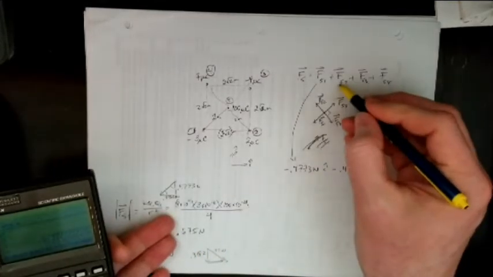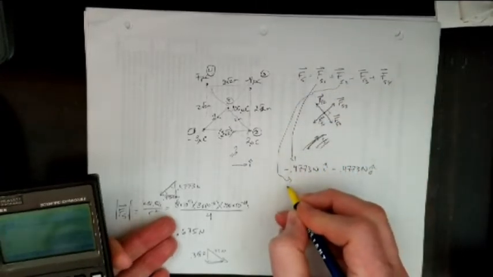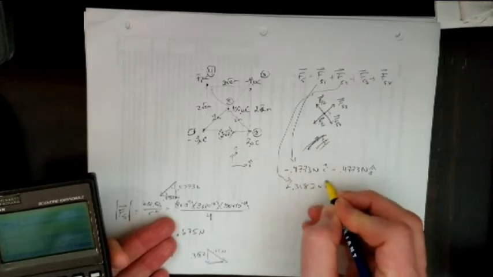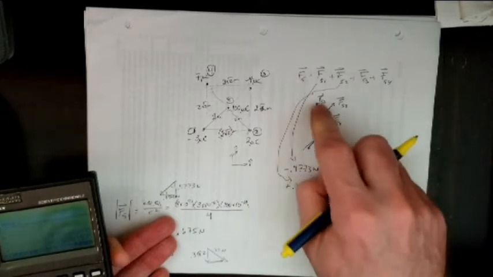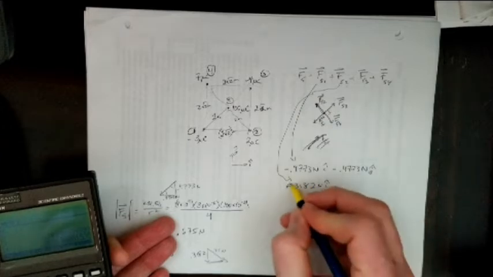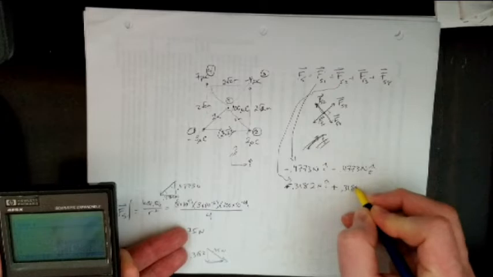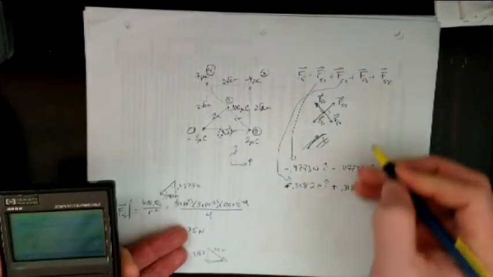So F52 is to the right, so positive 0.3182 newtons i hat, minus, because it's still down, oh, sorry, it's this one right here. It's up and to the left, so the i is negative and the j is positive, 0.3182 newtons j hat.